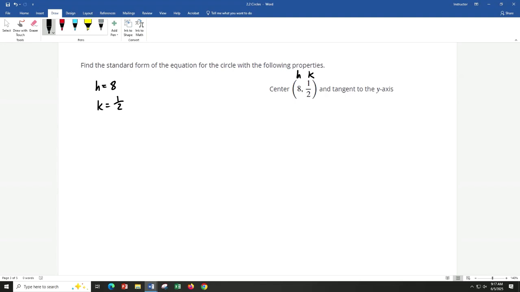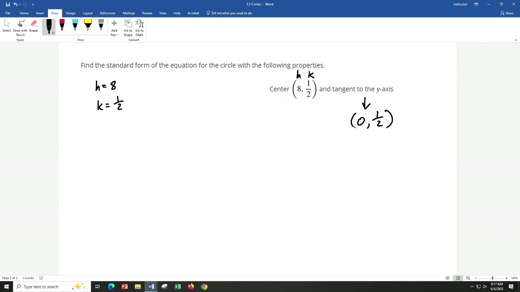Let me show you what that means. So the point tangent here is where x is equal to 0. So the point would be 0, 1/2. Okay. It's tangent.